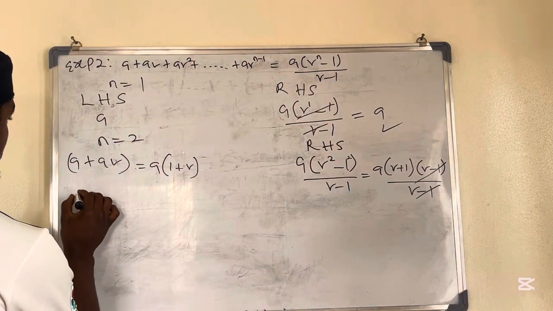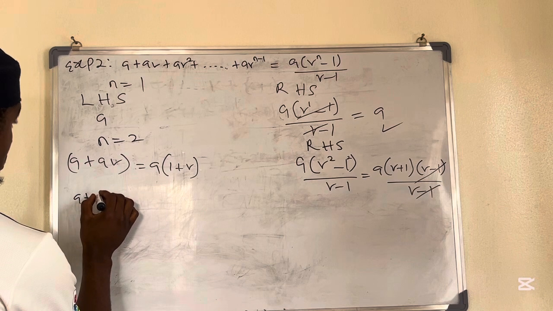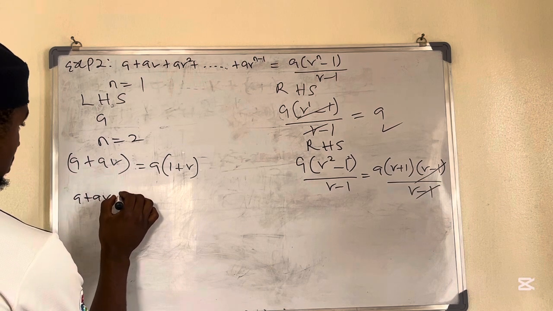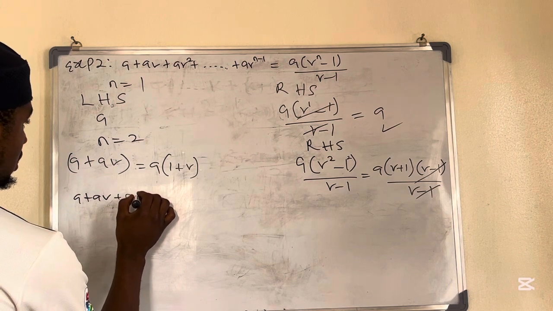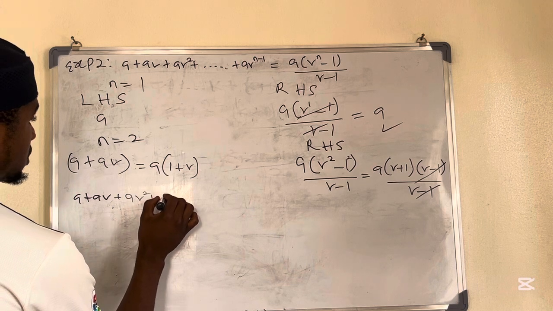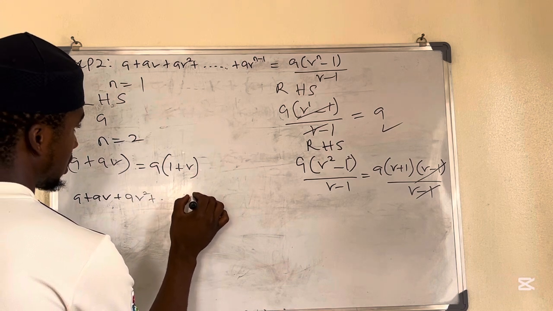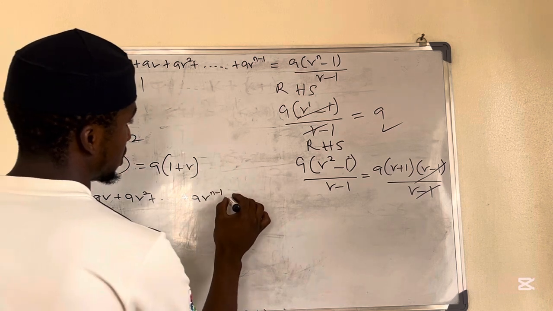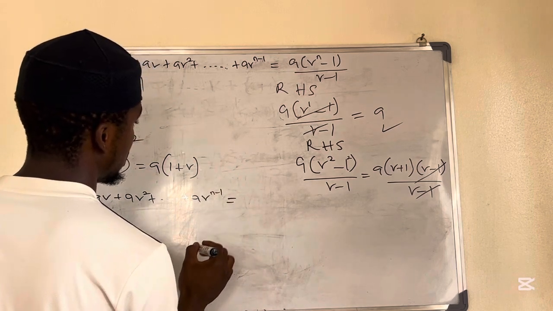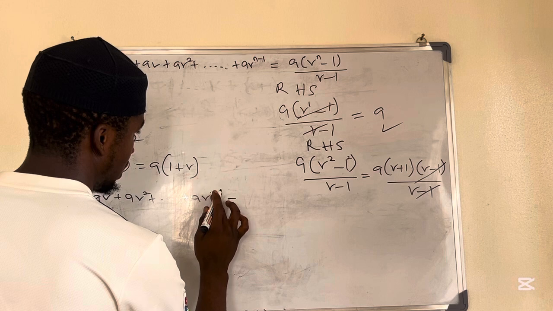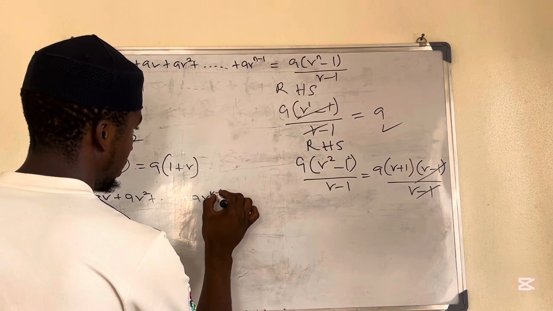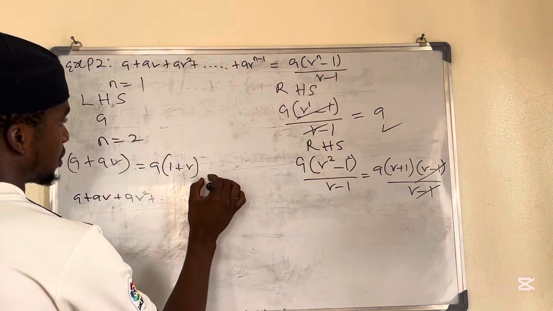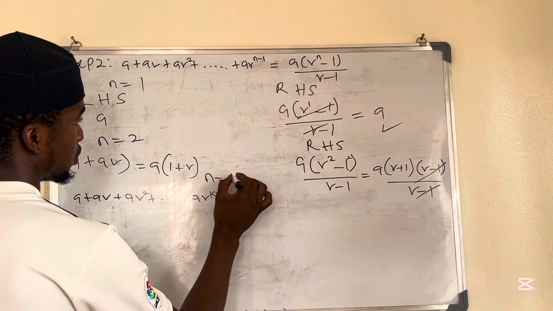So a plus ar plus ar squared plus dot dot dot plus a raised to the power of n minus 1 term is equal to, okay, sorry, instead of putting n here, we just simply put k, because here they say we should assume that n is equal to k.